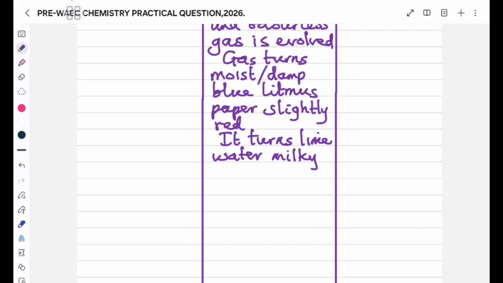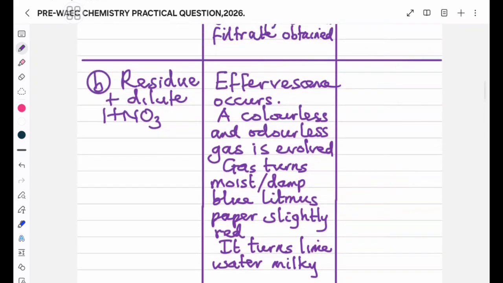So whenever you are performing a test on a gas with lime water, how do you do that? You can do the lime water test with the help of a glass rod. Just dip the glass rod into the lime water and suspend the glass rod that is stained with the lime water at the mouth of the boiling tube or the test tube or whatever container that you are using to perform this reaction. Suspend it at the mouth. If you are very observant, watch closely what you see on the glass rod that is stained with the lime water.